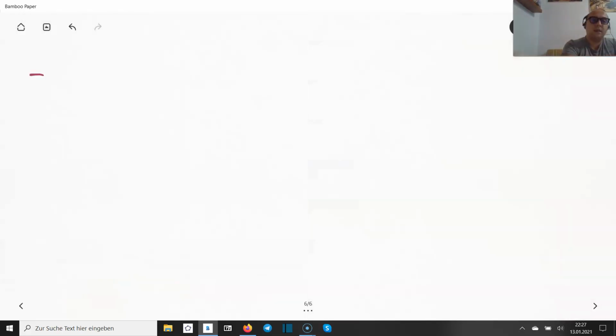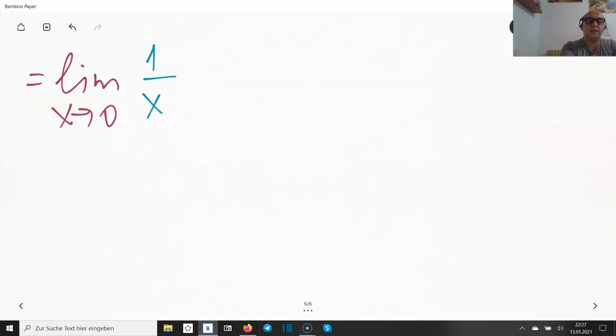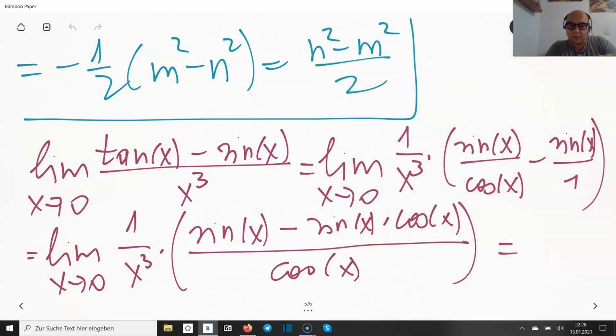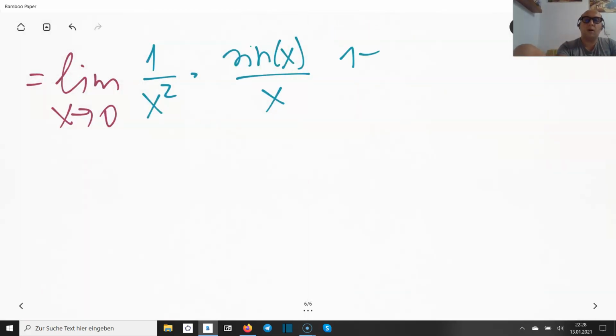So we are basically having a limit x towards 0. Now see what I'm doing. I'm writing 1 divided by x cubed as 1 divided by x squared. I'm kicking sine of x outside of the parentheses. I kick one of the x's out of x cubed here. And what we still have is 1 minus cosine of x divided over cosine of x.